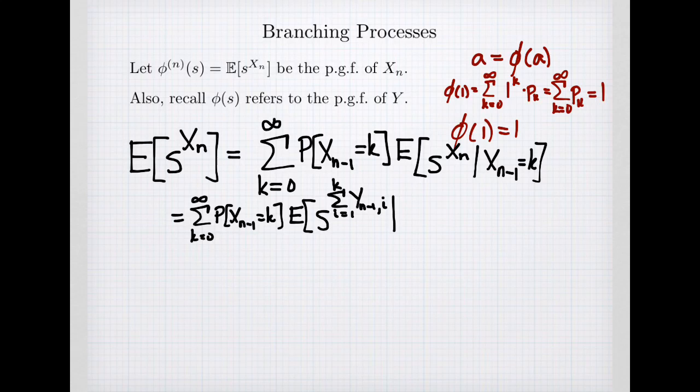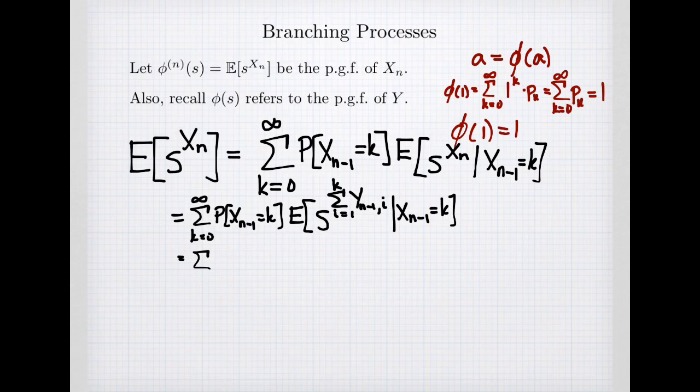And officially this is now conditioned on x sub n minus 1 equals k, but nothing in the expression that we're finding a condition of actually depends on that, because k is at this point a constant, so we don't need to worry about this conditional expectation. Well, this s raised to a sum power can be rewritten as a product.